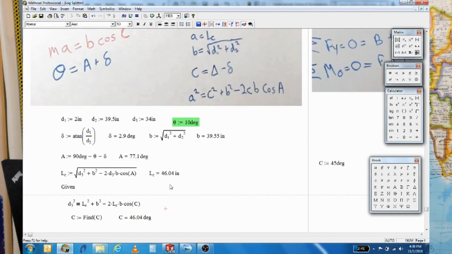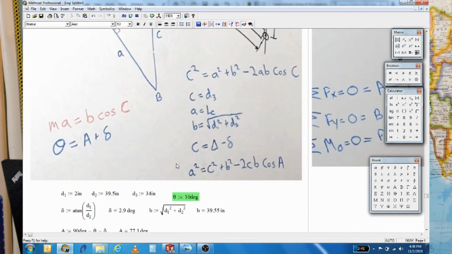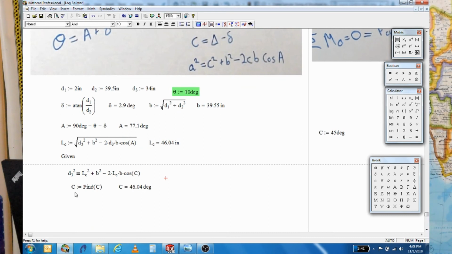Okay, now the last two things we're going to do is use this to get our moment arm, and we need this to get angle delta. So let's do the moment arm first. The moment arm is equal to B times the sine of C. This is where I wrote down the wrong thing in the last one.